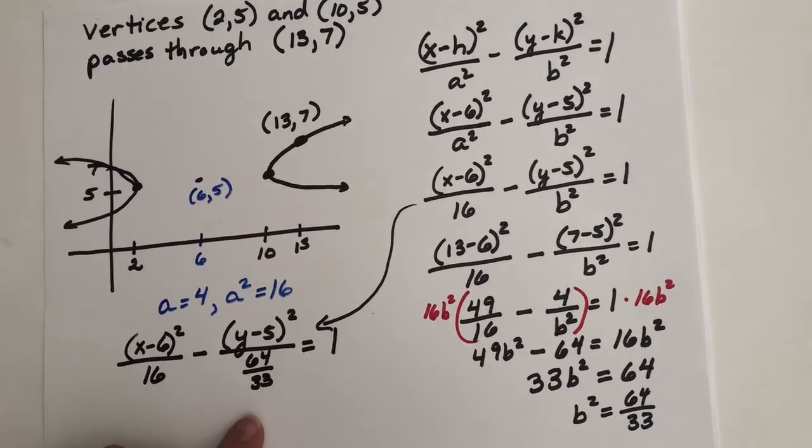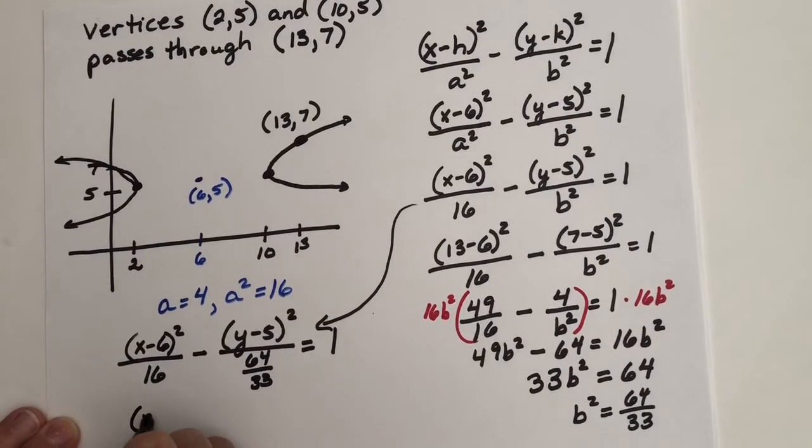Now, if you'd prefer to see that with a decimal, we could just grab our calculator. So 64 divided by 33 is about 1.94.